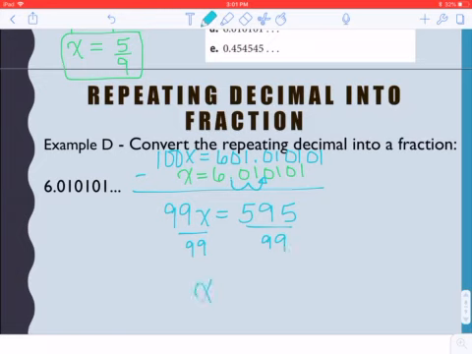I get x equals, let's see, 99 goes into 595 6 times. 99 times 6 is 594, so that leaves me with 1/99. So x equals 6 and 1/99.